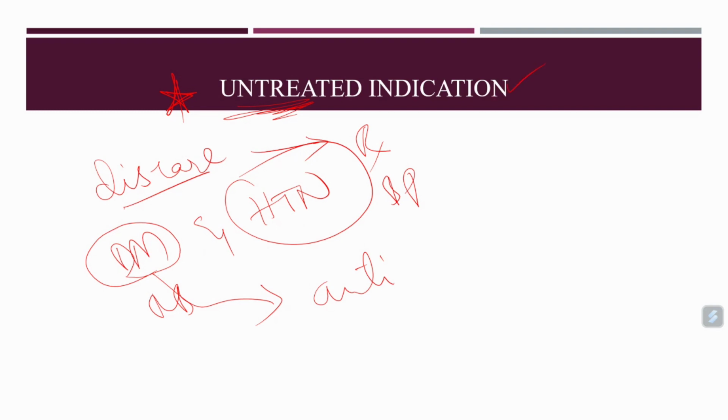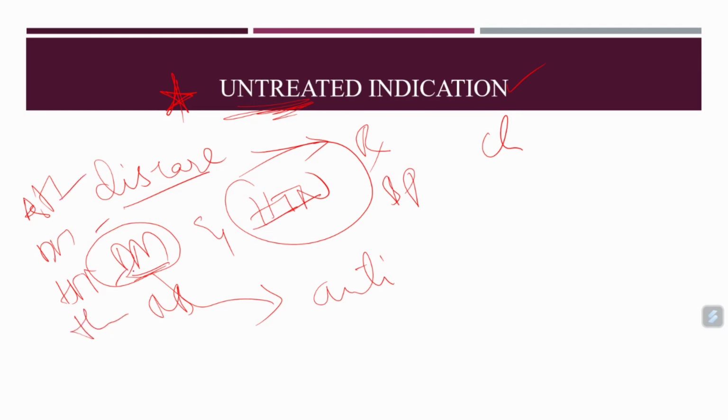So here, it is very important for the clinical pharmacist to identify the different disease conditions, and to check whether all of them are treated or not. For example, the patient has asthma, diabetes, hypertension, and some other condition like thyroidism.